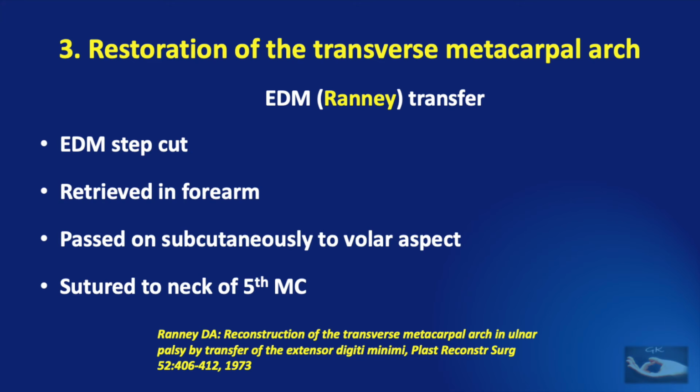As a result of this, what was originally an extensor of the metacarpophalangeal joint will now be a flexor and a rotator of the metacarpophalangeal joint of the little finger.